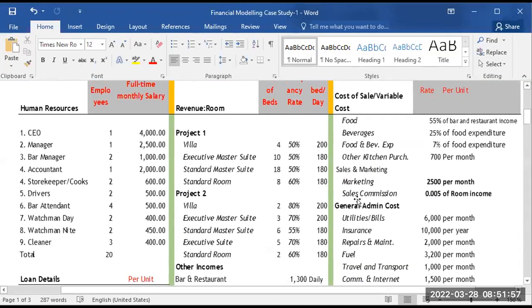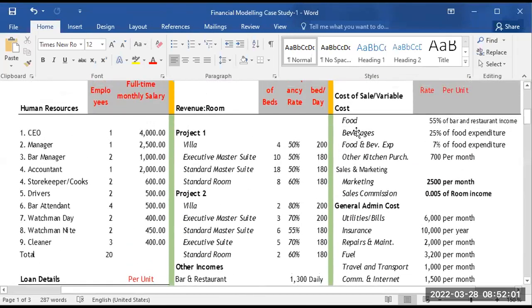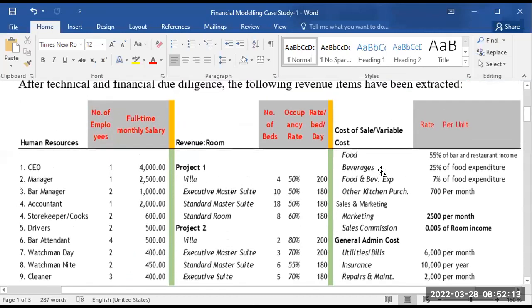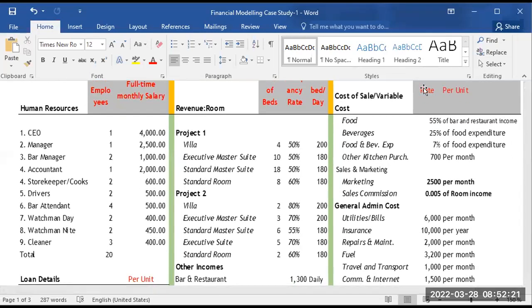Beverages, food. 55% of bar and restaurant income, right? So whatever income that we make out of that, we just find 55% of that income, right? That's how that should be.